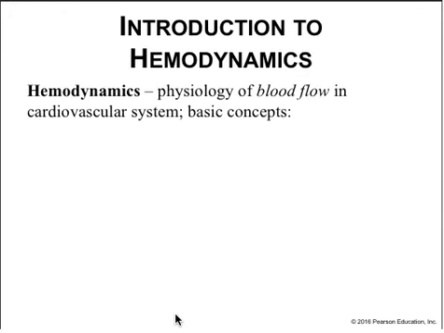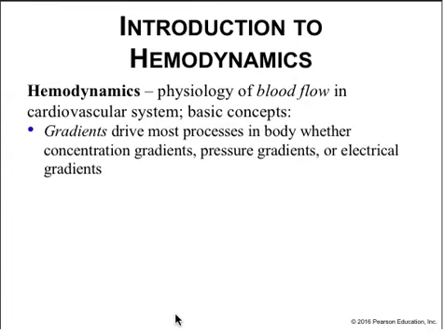Now, hemodynamics examines the physiology of blood flow in the cardiovascular system. We have to be aware of the fact that gradients drive flow. Flow always is from high to low pressure, whether it be a gas or a liquid. Other types of gradients that exist include concentration gradients and electrical gradients.